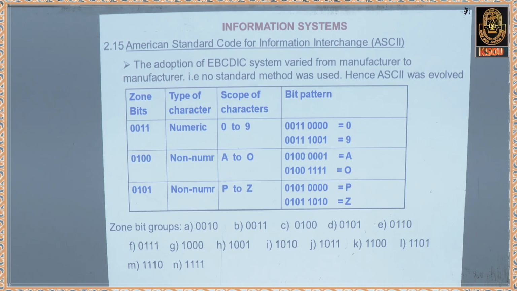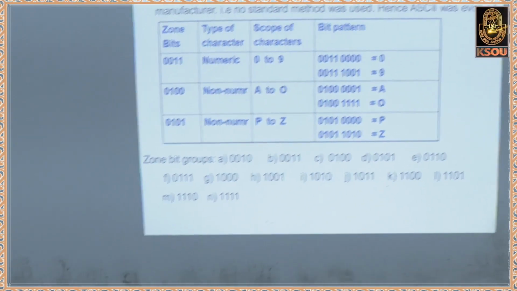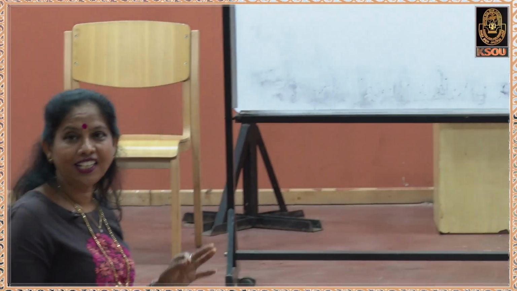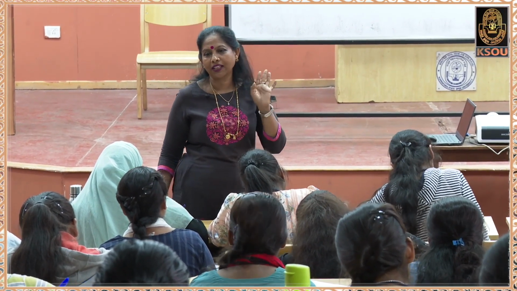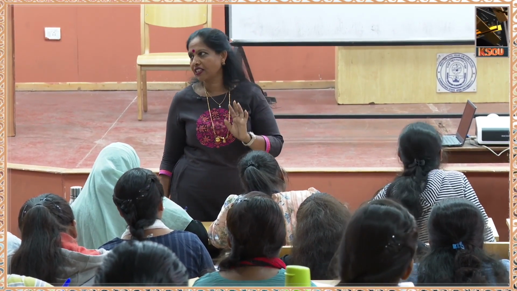ASCII. So the maximum of how many characters does it represent? Same as EBCDIC, 256 characters.